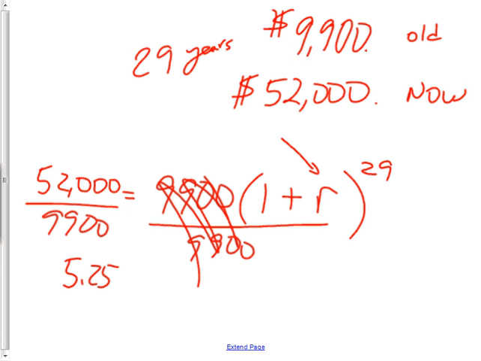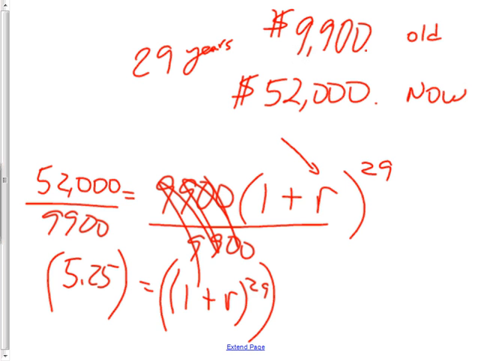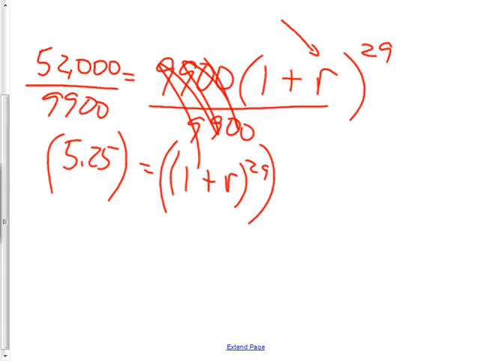And now, that's not the final answer. Okay? We got to go a little further to get that. This is 1 plus r to the 29th. How do I get that 29 off of there? Put it to the power of 1 over 29.